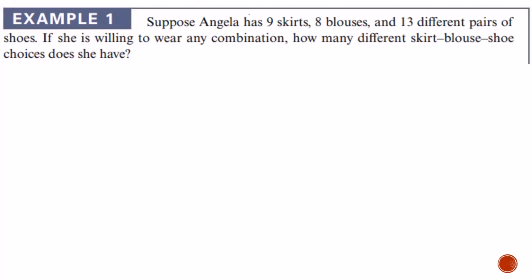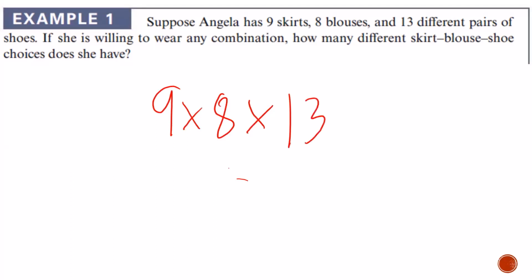You can think of this as a path, right? First, you have 9 doors you can go through. And then, like a tree, there are 9 paths you can go down. And then at the second level, for each of those 9 paths, there are 8 paths. Then there are 13. So you're making 3 choices.